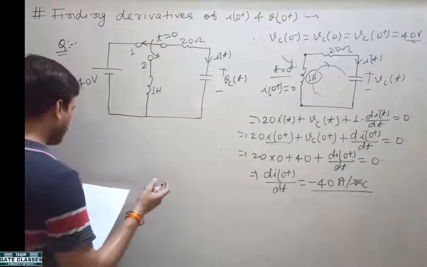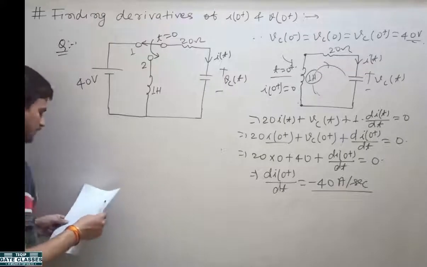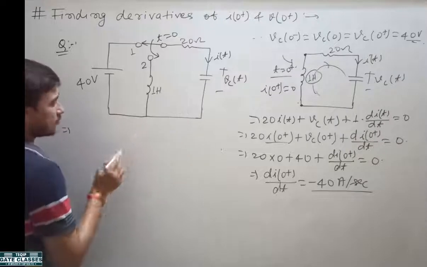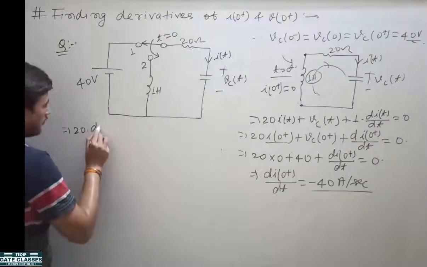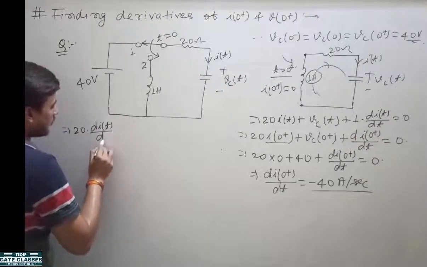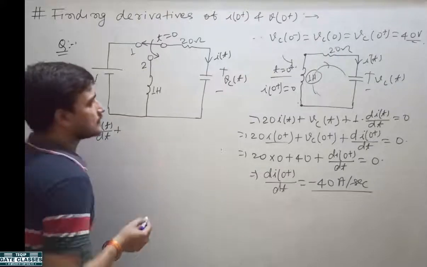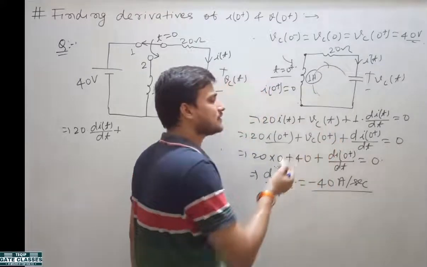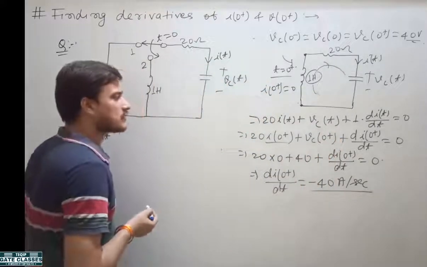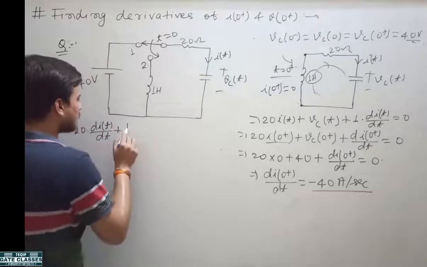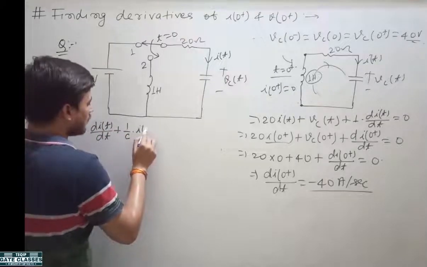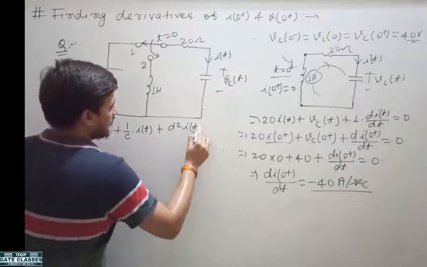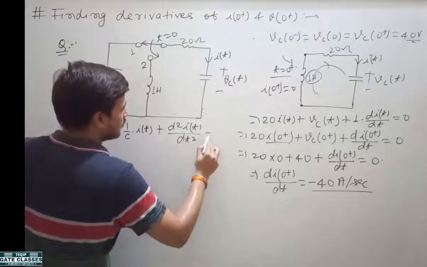So if we differentiate this one, we'll write R into di(t)/dt plus dv_C(t)/dt. Now, v_C(t) equals 1 by C into the integration of i(t) dt, so its differentiation will be 1 by C into i(t). So 1 by C into i(t) plus d²i(t)/dt² will be equal to 0.